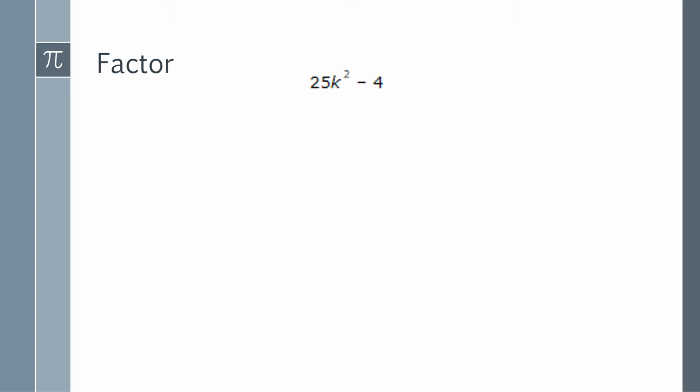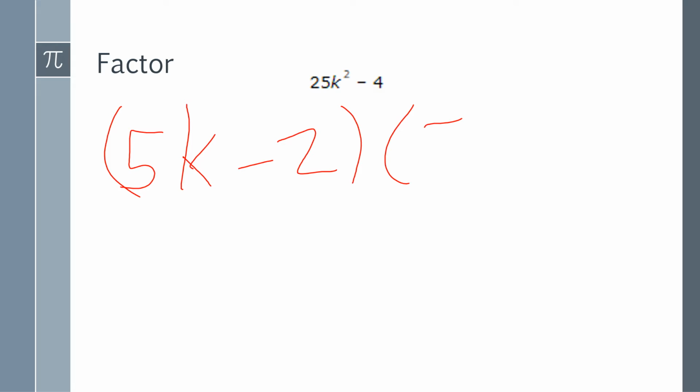All right. Remember how we did this one? So both perfect squares. So you got to write it like this. 5k minus 2, 5k plus 2.